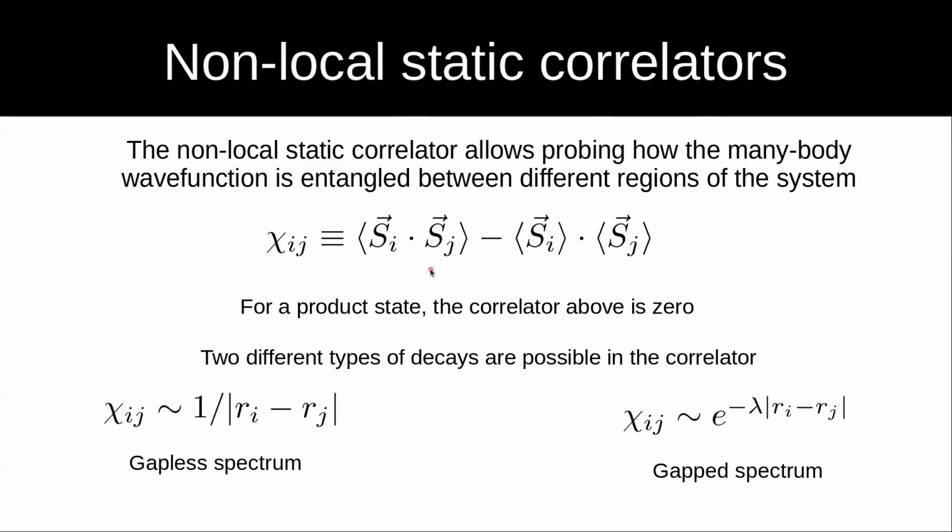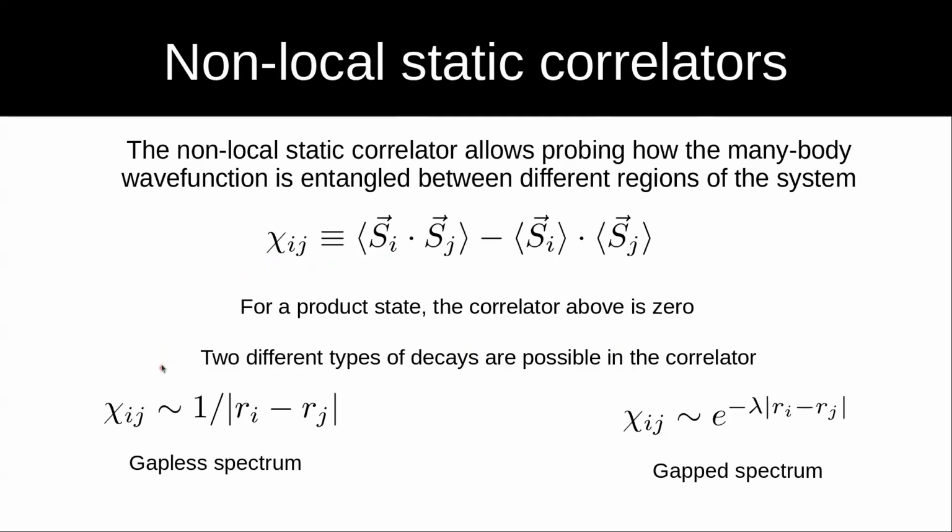Now, if you have a classical system or a product state, this expectation value is zero because, I mean, you can effectively factor out all these two terms and you get zero. If you have a quantum magnet, then this is not zero. And from the decay of this non-local correlator, you can see if you have a system that is gapless or a system that is gapped.